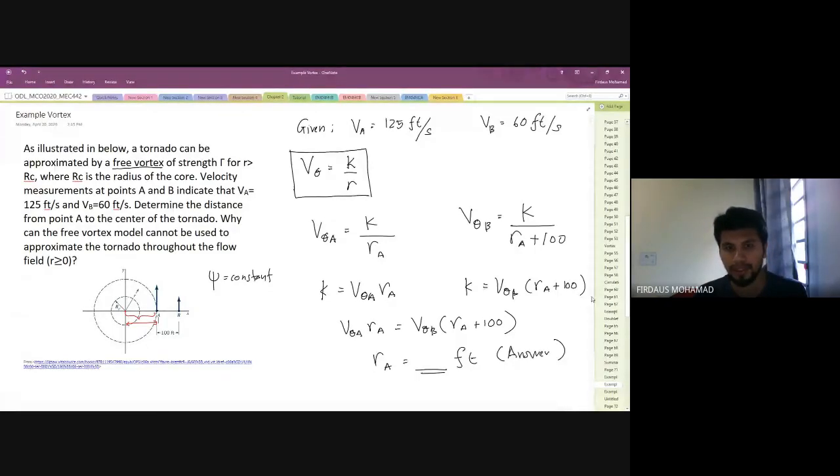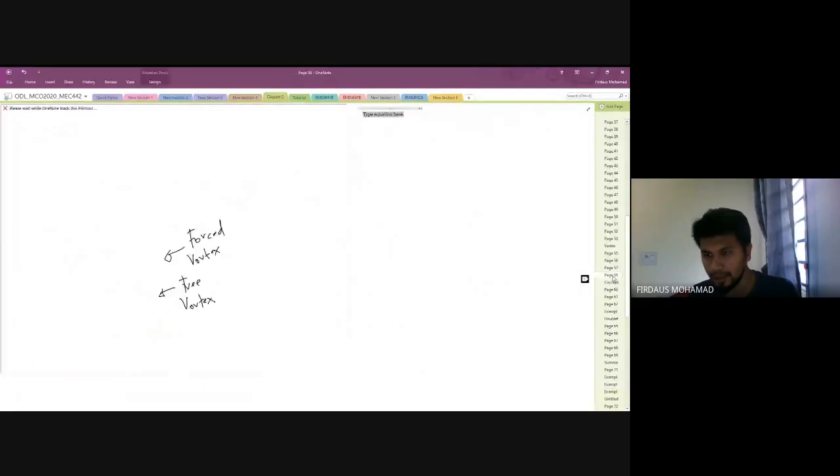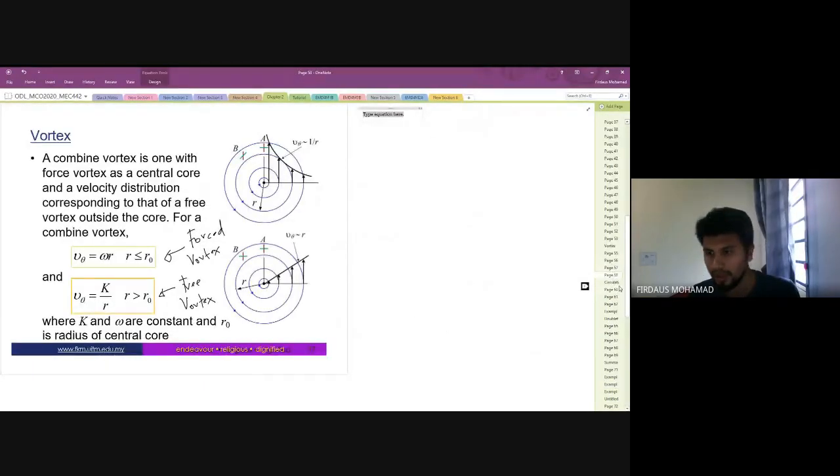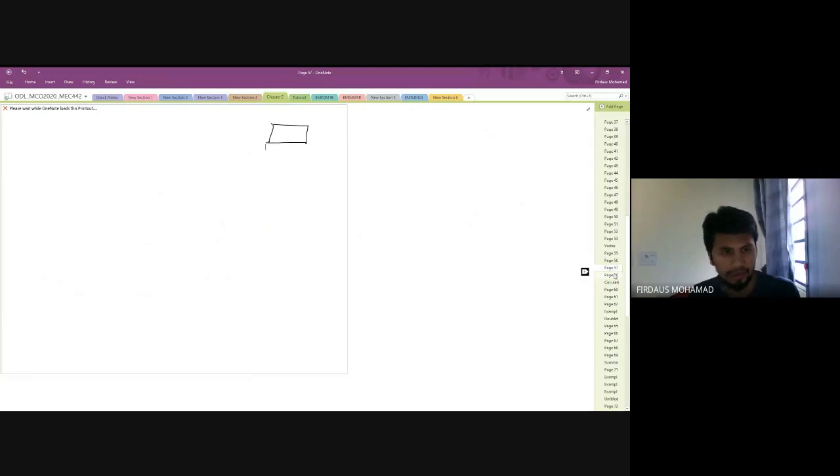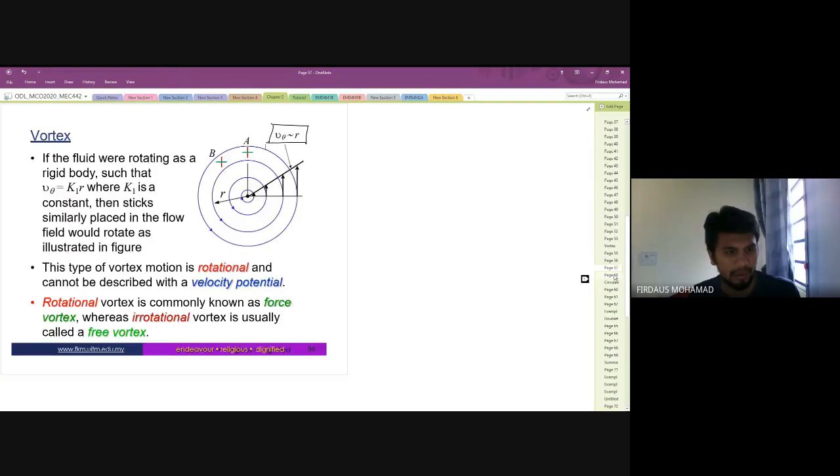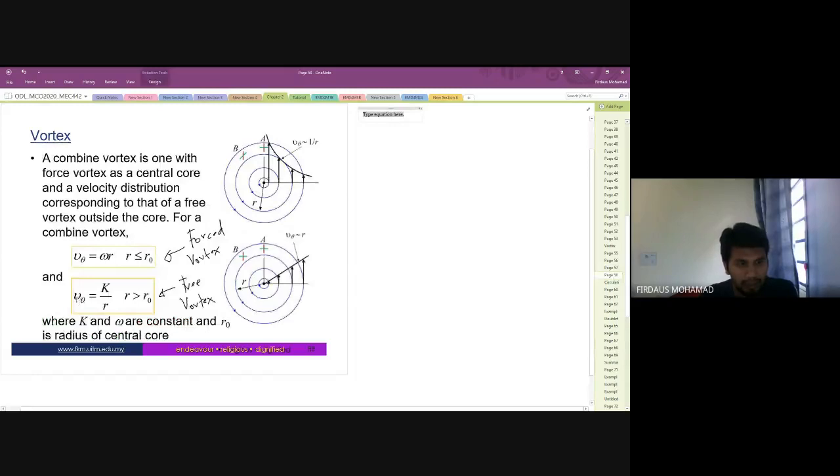So this is basically from the definition of the vortex. Okay, so let's return to your slide. For the vortex, the tangential velocity equals k over r for the free vortex. I think this is from the video that I uploaded last week, which discusses forced vortex and free vortex.